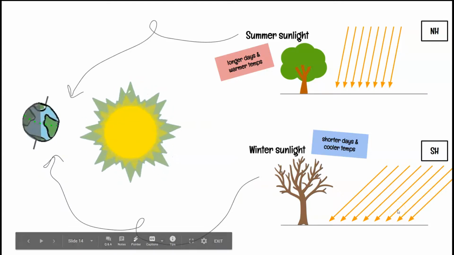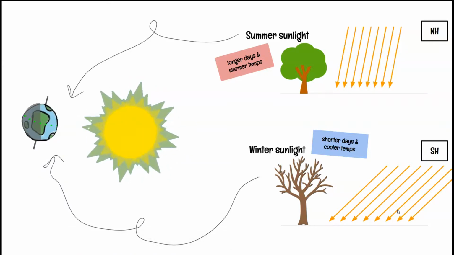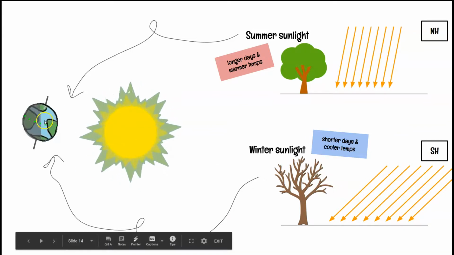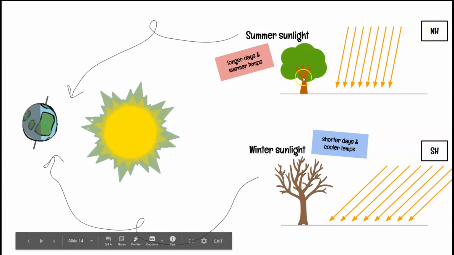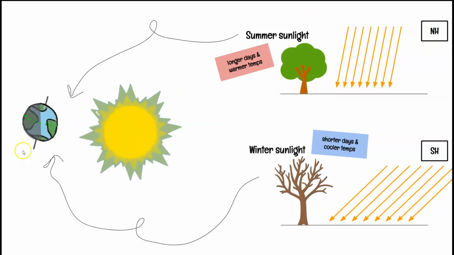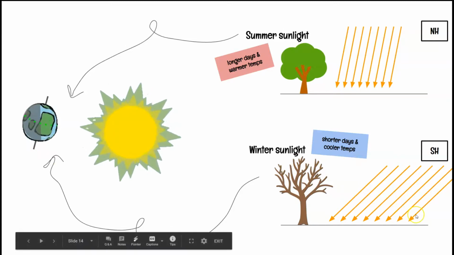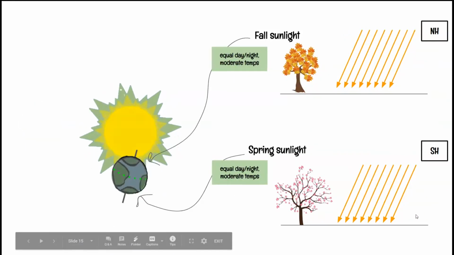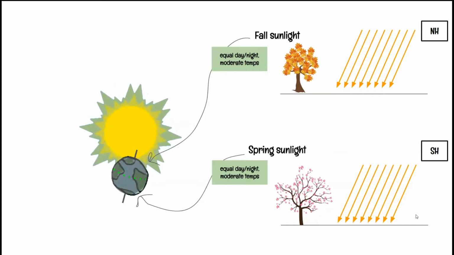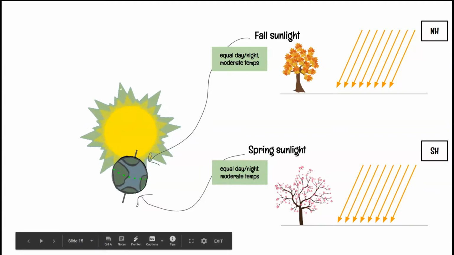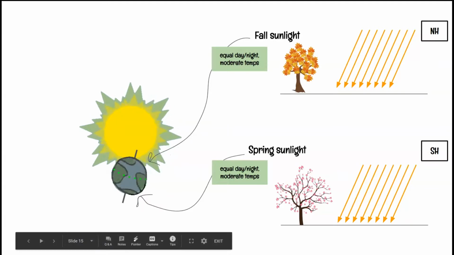So let's combine this with seasons and what it looks like in our path around the sun. Whenever the hemisphere is tilted towards the sun, this is what the angle of light looks like. Whenever it's tilted away, it's winter, and we're getting shorter days and cooler temps. In the fall and the spring, I mentioned that heat energy distribution was even, and that's because the angle of sunlight is also equal in each hemisphere.